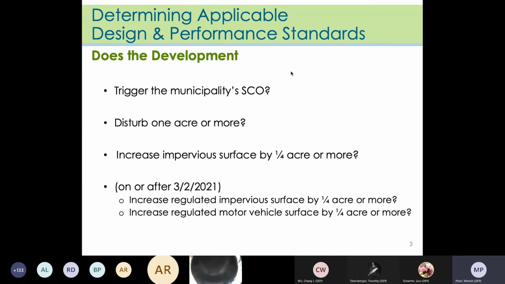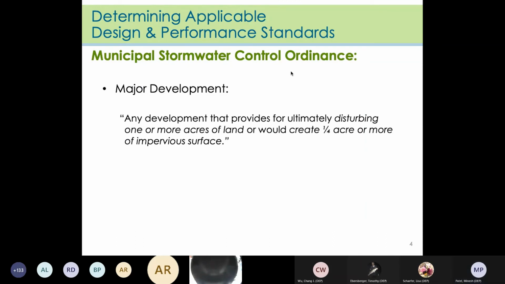At this point in time, a township shall have adopted a stormwater control ordinance that is consistent with these stormwater management rules effective on March 2nd of 2021. As you see here, this is an example from a municipality and major development.